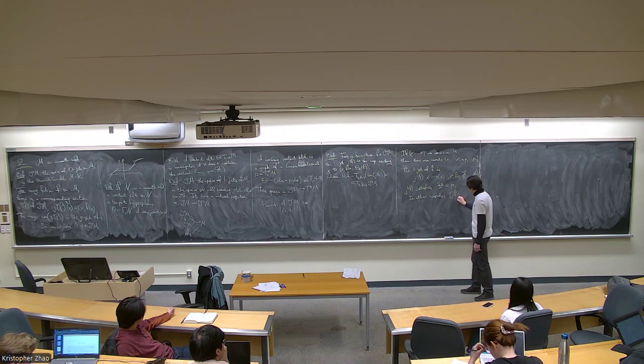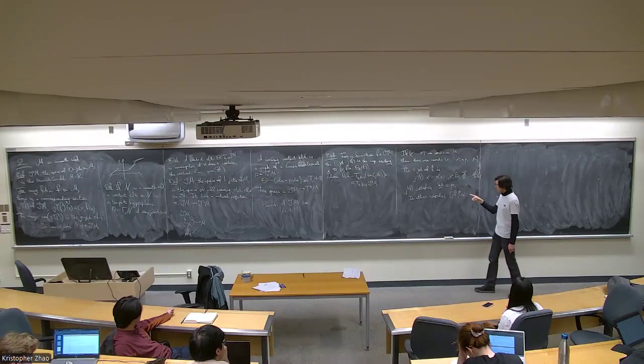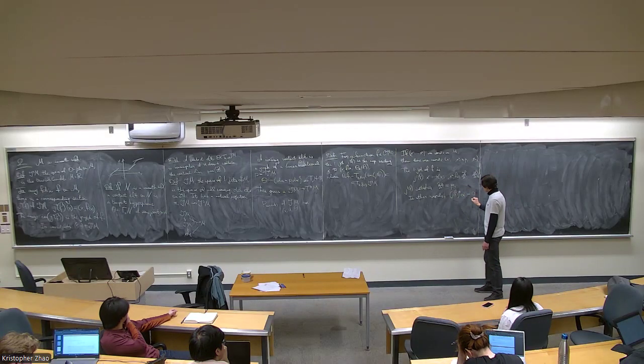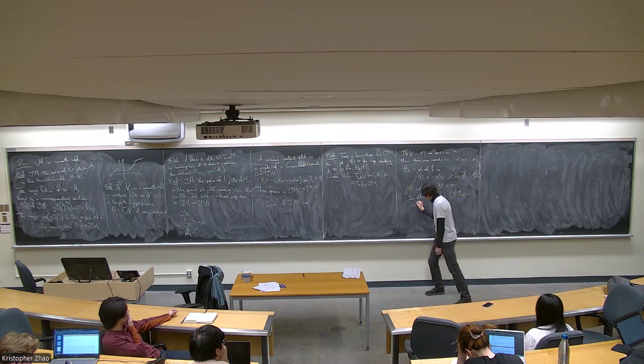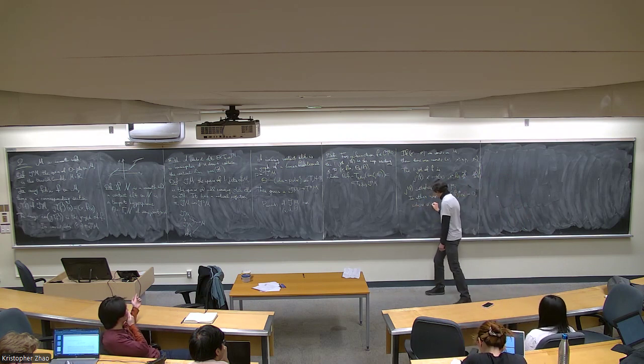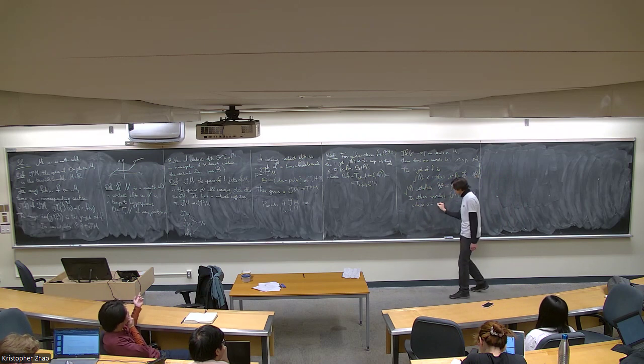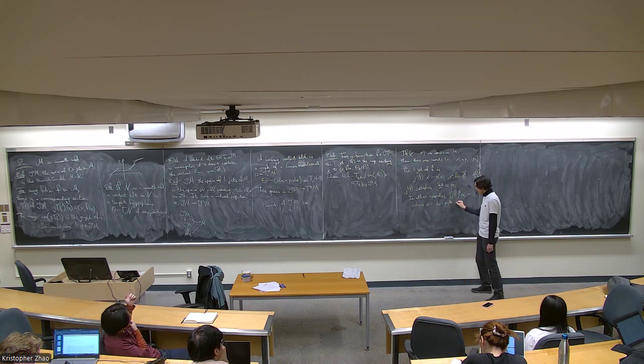In other words, if you pull this one form back by this map, you get 0. What is alpha? Alpha is du minus p dx, where this means du minus the sum pi dxi.